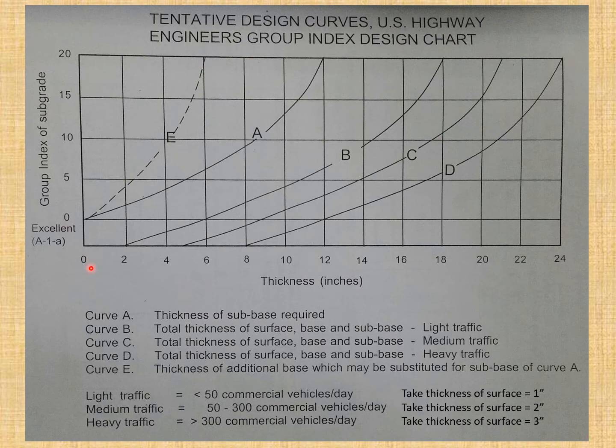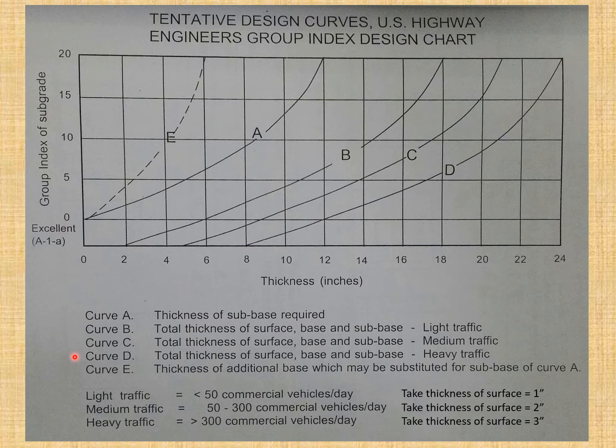Now look at curve A. The description is given: this will be used to determine the thickness of subbase required. Curve B will be used to determine the total thickness of surface, base and subbase in the case of light traffic. Curve C will be used to determine the total thickness of surface, base and subbase but corresponding to medium traffic.